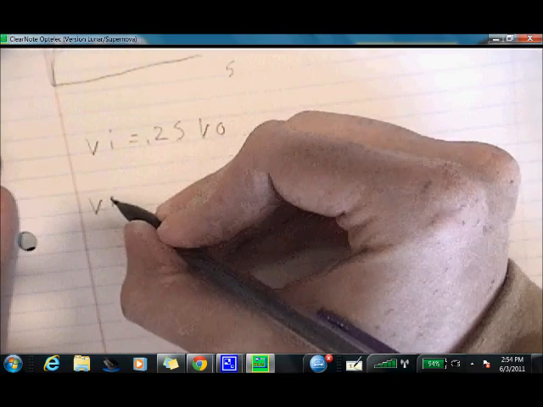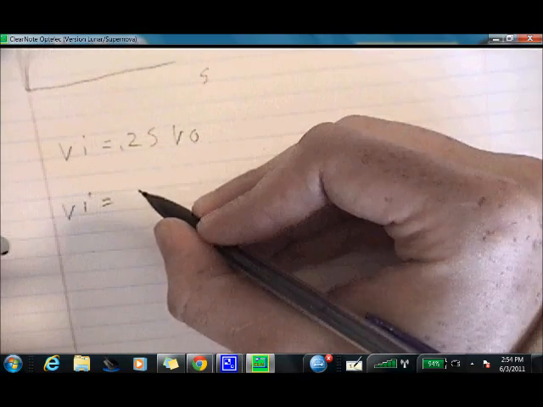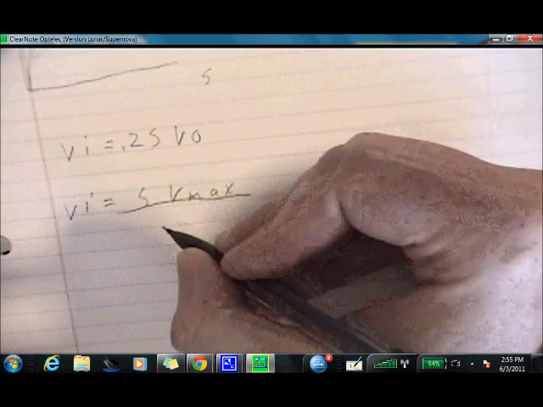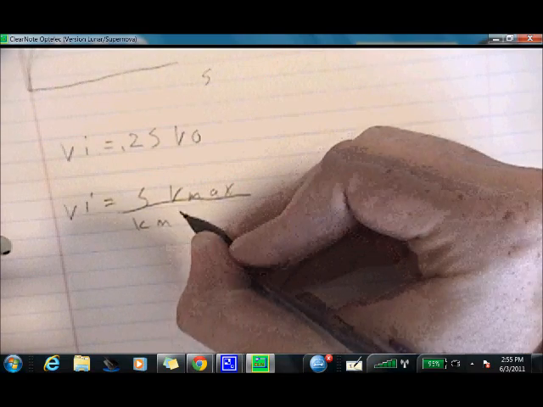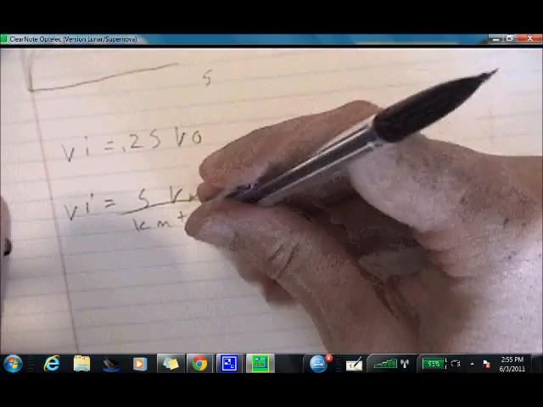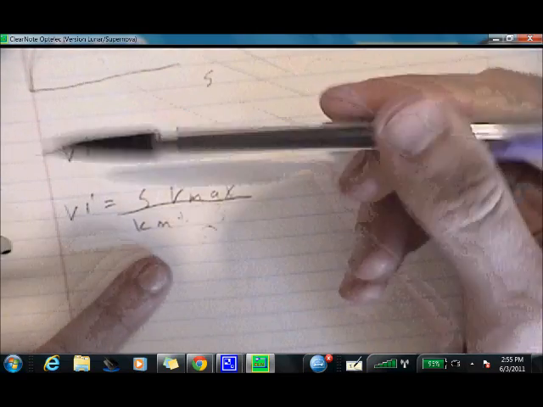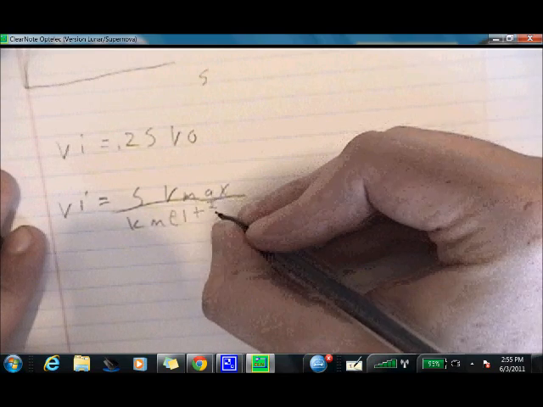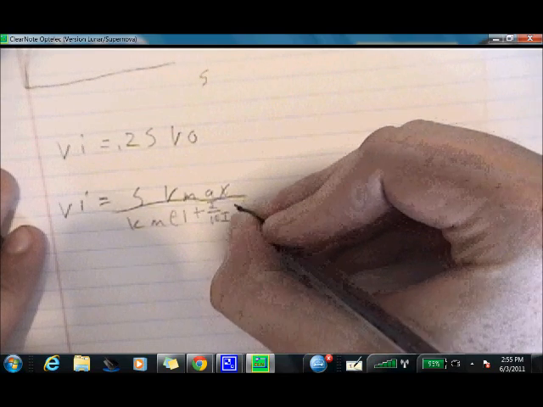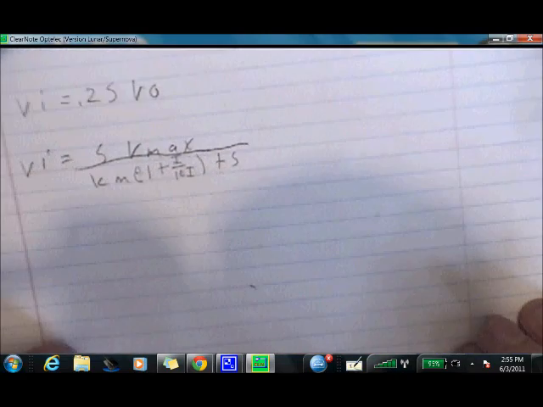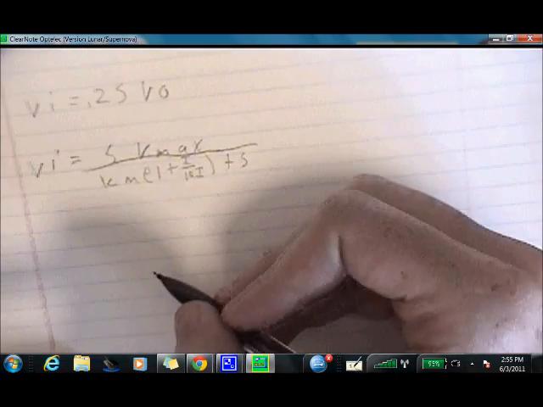This is a competitive inhibitor, so we need to write our equations for the competitive inhibitor. Vi equals S Vmax divided by Km plus S. This is competitive, I'm sorry, so this should be Km times 1 plus I over Ki, plus S. So this is our inhibited velocity equation.